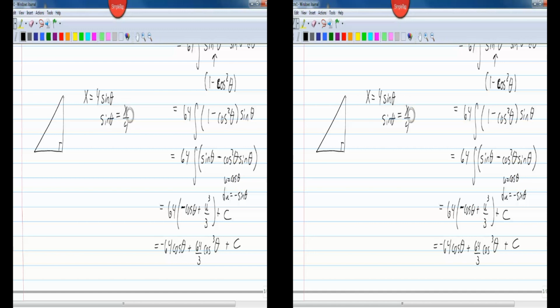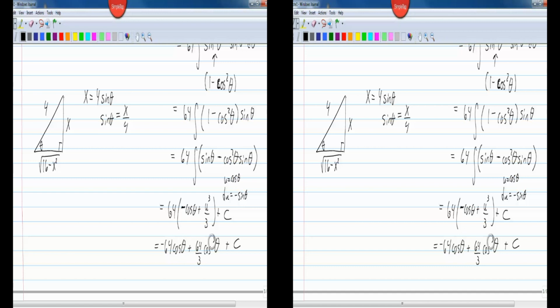And remember, in right triangle trigonometry, that's opposite over hypotenuse. So if I make this theta, the opposite side is x, the hypotenuse is 4. This side down here is going to be that radical that we had, 16 minus x squared. But feel free to use the Pythagorean theorem with these two terms and find this side. And you'll see it is the square root of 16 minus x squared.